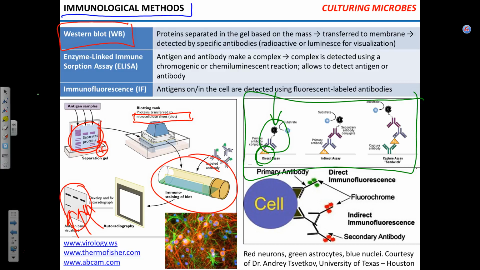You can do different variants. This is called direct, this is called indirect, when you have to add a second antibody that will recognize the first. You can get antibodies attached to the plate, and that's what you're going to find in the clinic. Like when you want to test for a hormone, like leptin in humans.